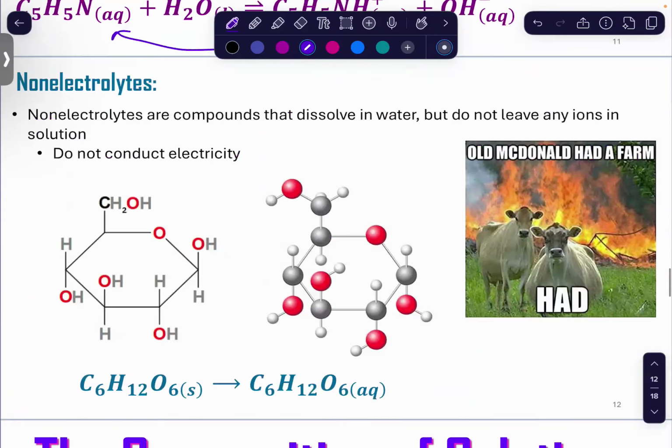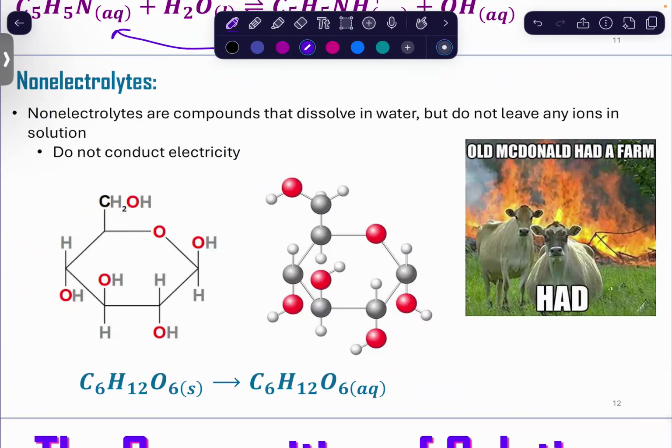And then of course you have non-electrolytes. These are compounds that when dissolved in water, don't produce any ions and don't conduct electricity. A good example is dissolving sugar in water. And so here, this is your glucose molecule with its formula down below. You'll find that glucose and fructose have the exact same chemical formula.